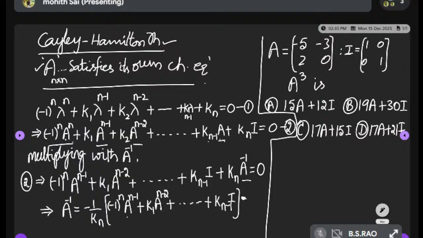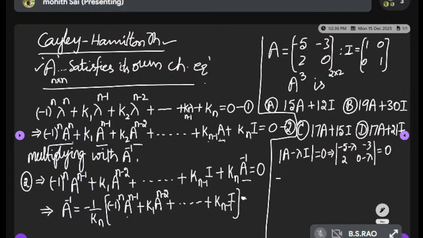Listen, A is of order 2 by 2. What does the Cayley-Hamilton theorem say? What is the characteristic equation? Determinant of A minus lambda I: determinant of [minus 5 minus lambda, minus 3; 2, 0 minus lambda] equal to 0.